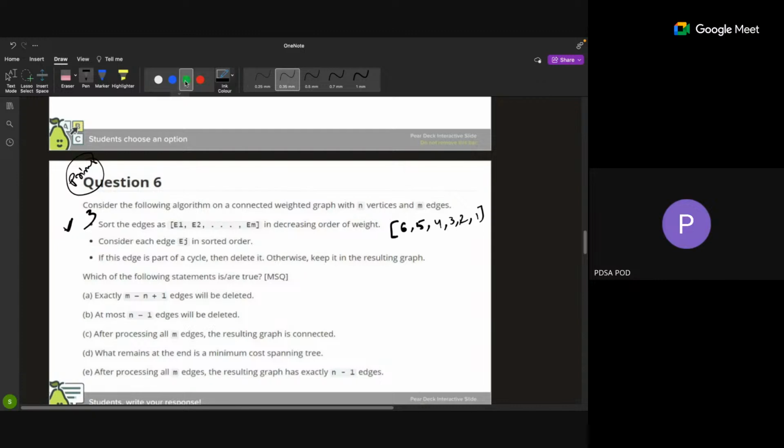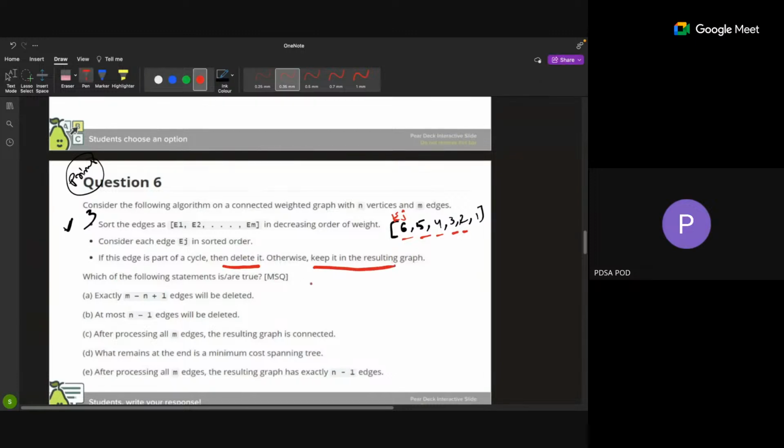The edge weights are sorted in reverse order. If the edge is not a part of a cycle, then delete it. Otherwise, keep it in the resulting graph.